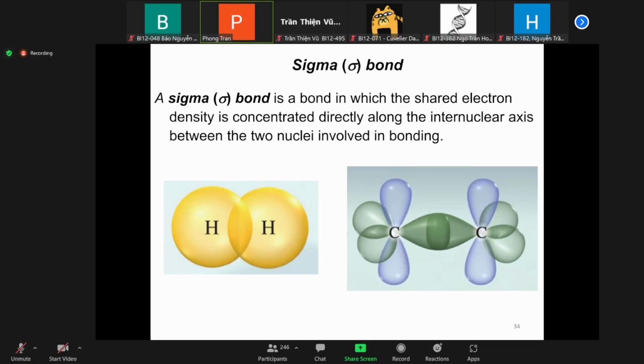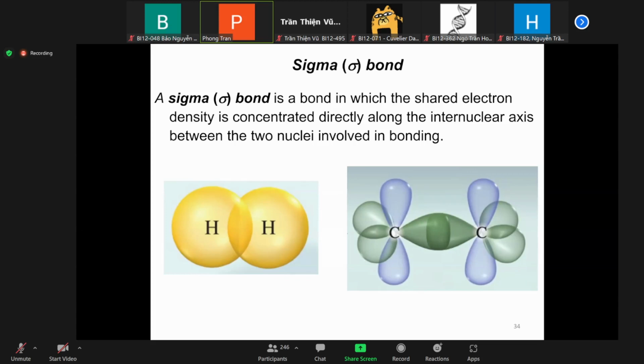So that means, very simple, if you take the nuclei, you draw the line, the shared electron density is along the internuclear axis. That means in between, on the line. Okay, so that is the sigma bond.